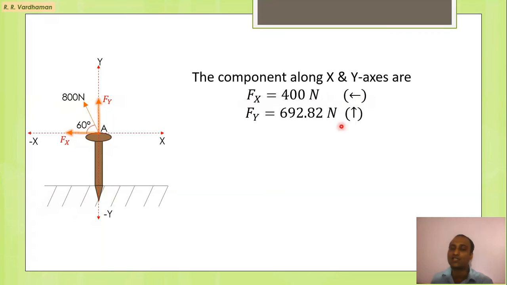Once the direction is shown, then there is no need to give the negative sign. And here we can decide the directions of the components by the quadrant in which the force lies, or by simply observing the force, we can say one component will be in upward direction and one component will be in leftward direction.